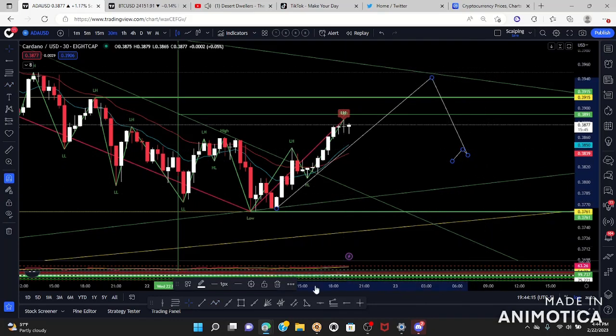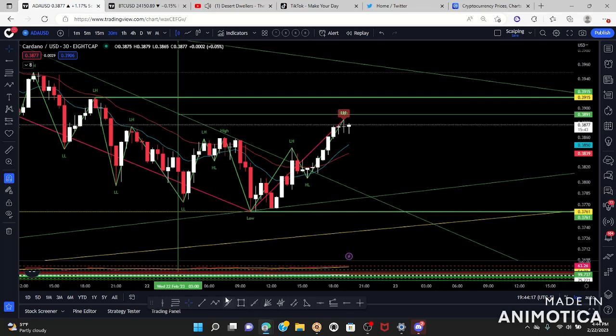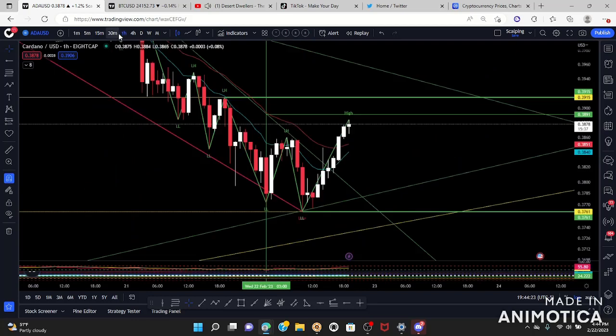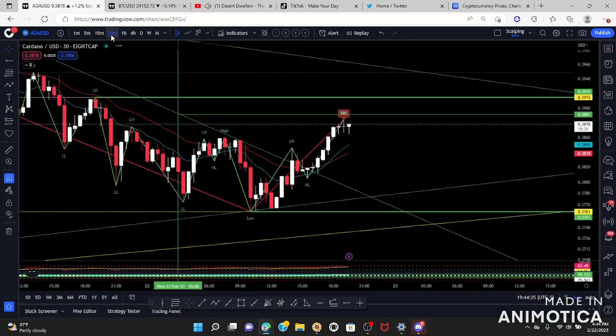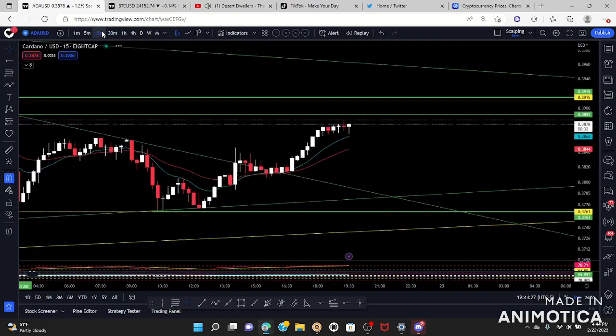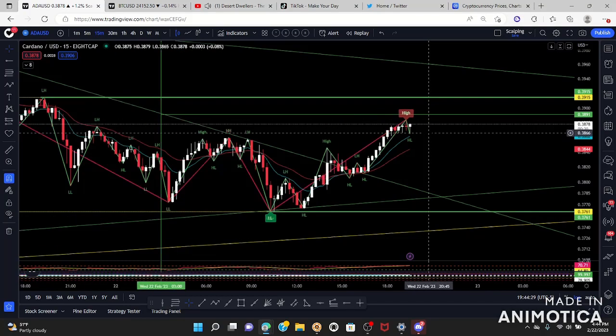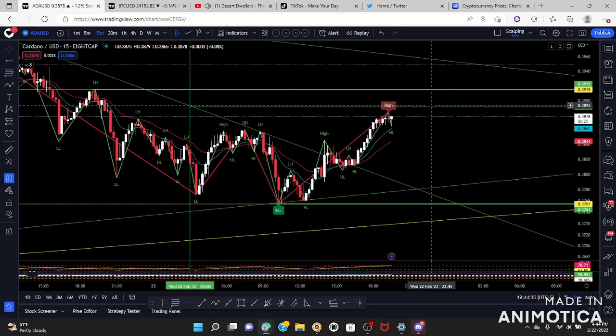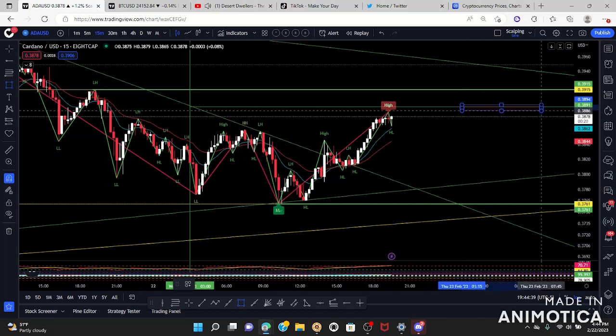Oops, wrong trend line. So 4 hours bearish, 1 hour a little bullish, 30 minutes bullish, 15 minutes bullish. This is my 4-hour target, so it's going to hit it right now, or get pretty close to it. Always be conservative when you take your profits.